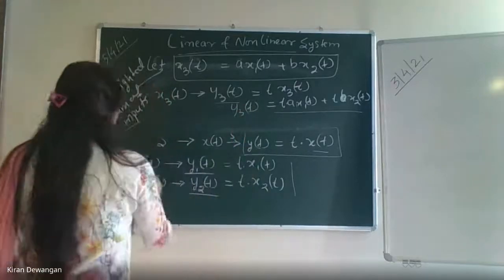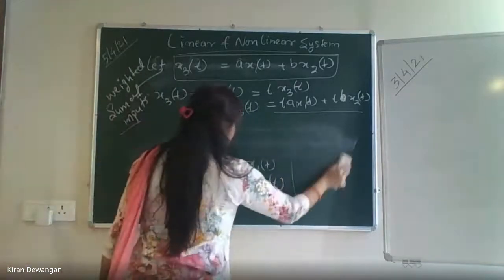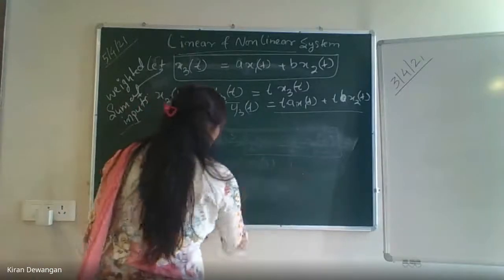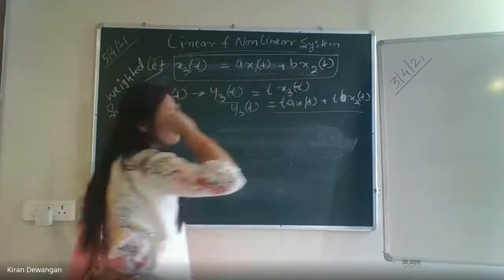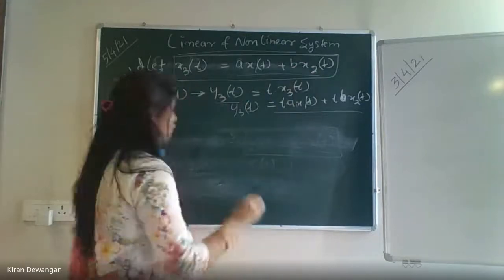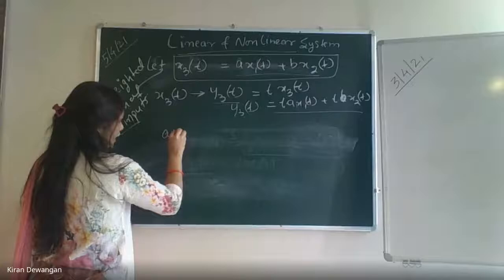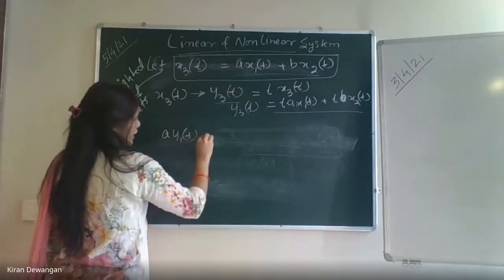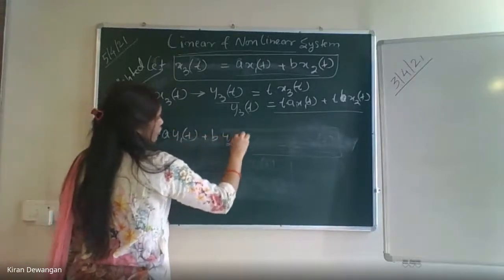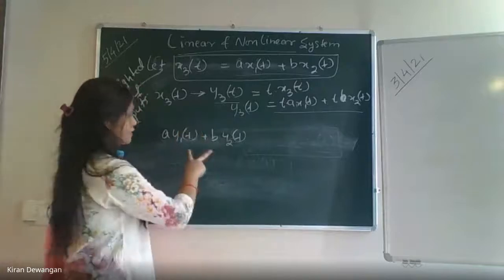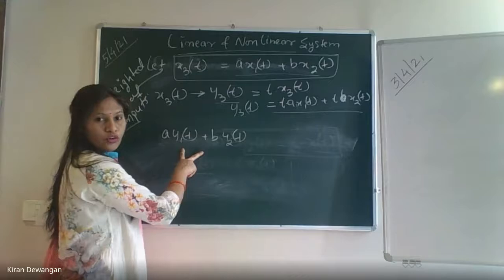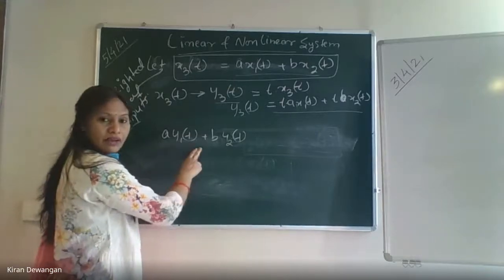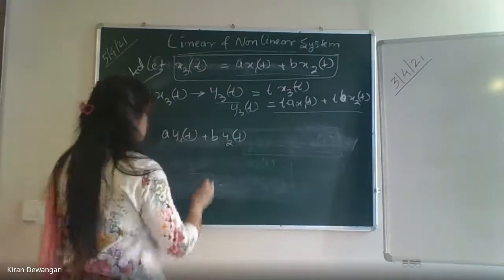Now what do I need to check again is the weighted sum of outputs. If I take a y1(t) plus b y2(t), this is my weighted sum of output. Now if I apply a y1(t) plus b y2(t), what will it become?